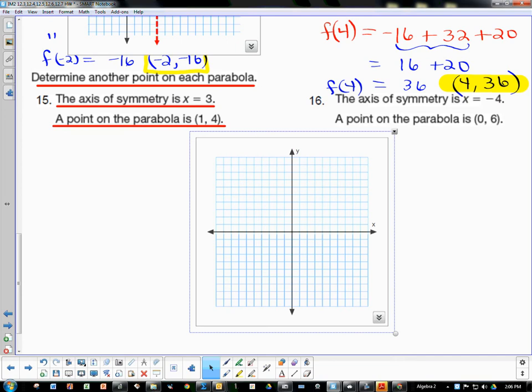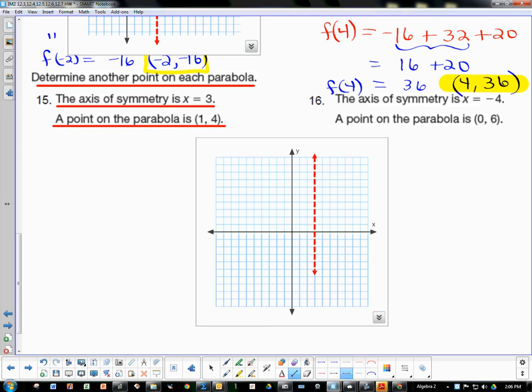Axis of symmetry, let's draw that. Axis of symmetry looks like it's x equals 3. And we have a point 1 comma 4. So I'm going to move over 1 and then up 4. There it is. Oh, that's 1 comma 5. There, that's 1 comma 4.